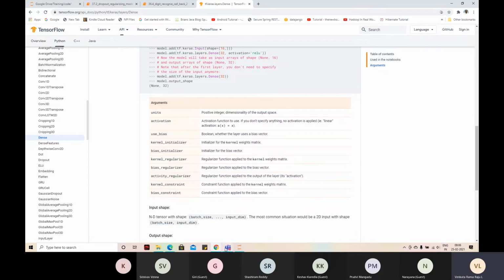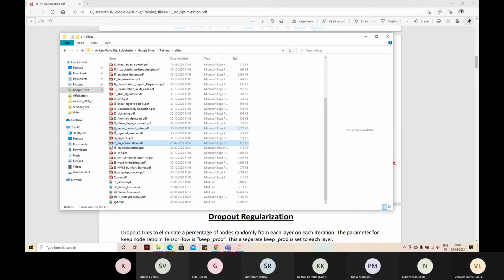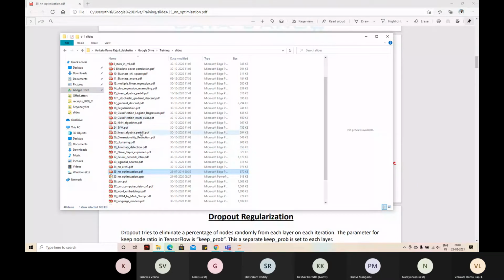So in a normal logistic regression or linear regression, how are we applying regularization on the cost function? On the cost function, we are adding an additional term. Let me open that.